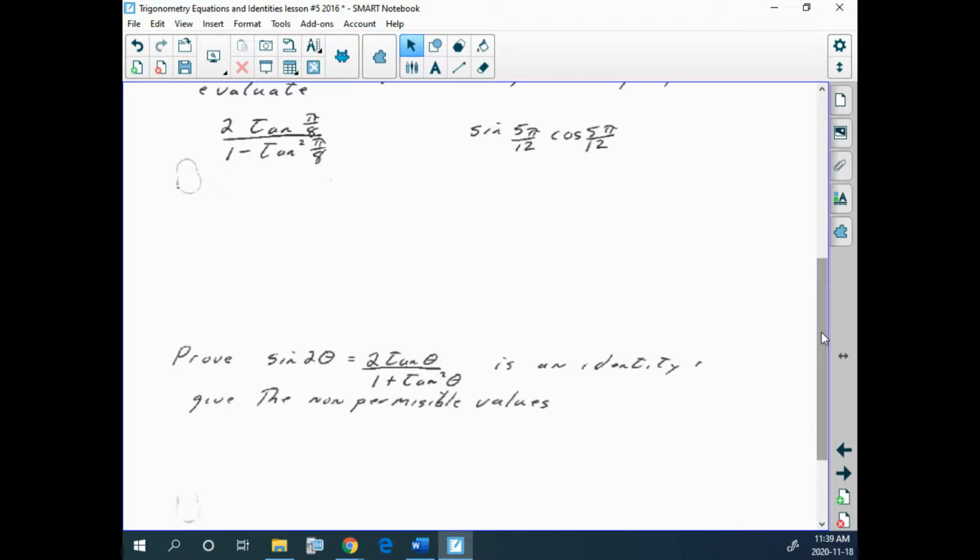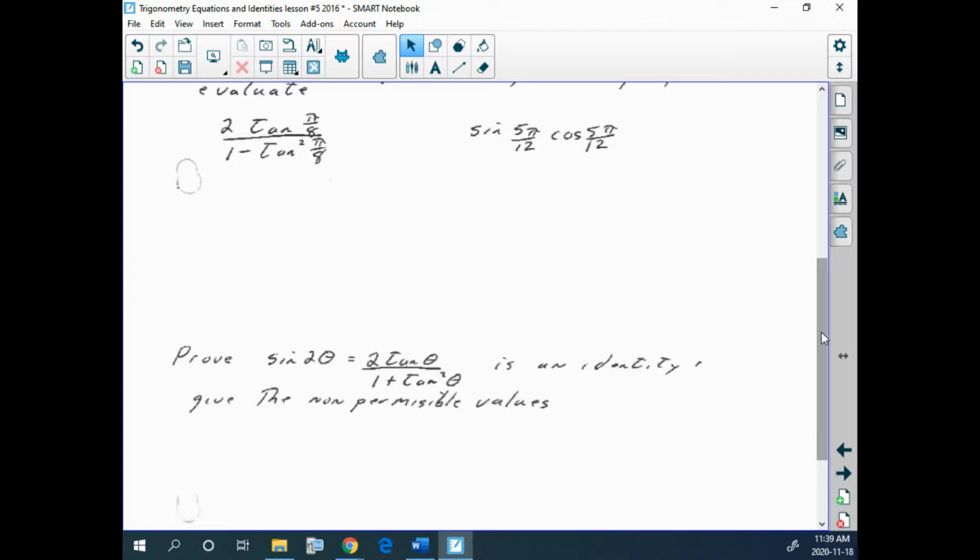Yeah, that's fine. It's not sine squared, it's sine, both. Someone put a tangent squared in. It's two, but that's not the squares.